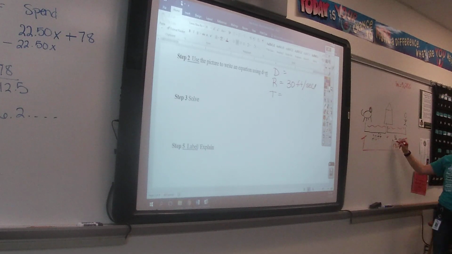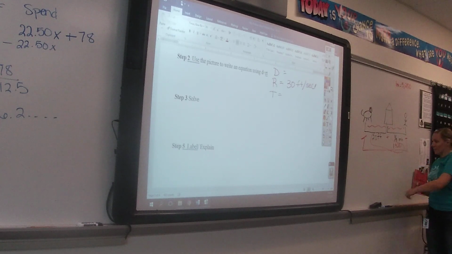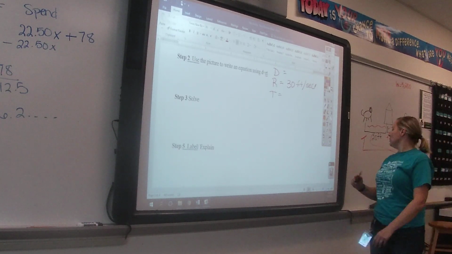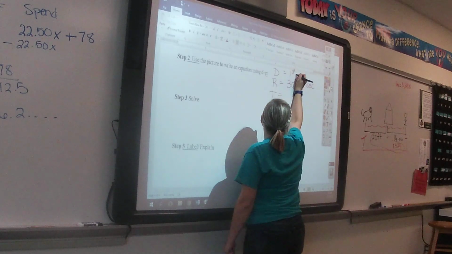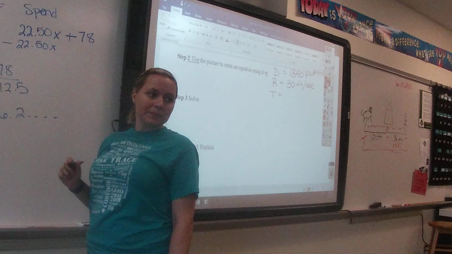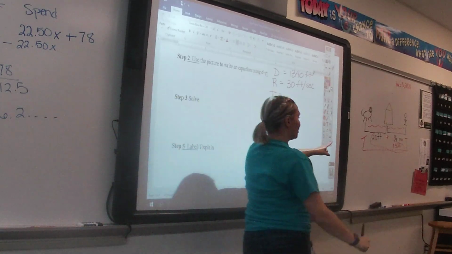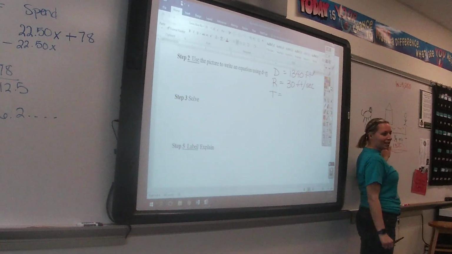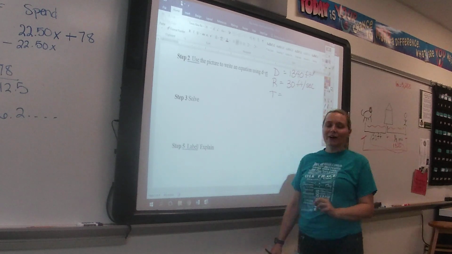So how many feet total does she need to go? 1,340 feet. Why 40? Because I need this additional 20 feet over here that she still has to go. Right, I need to add that on.